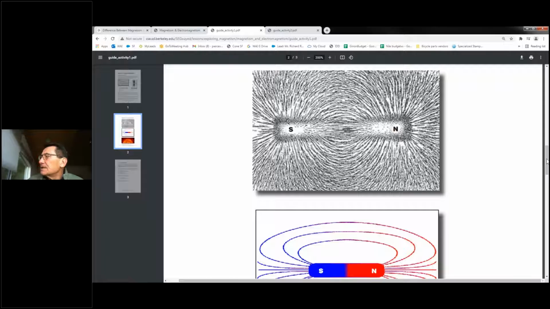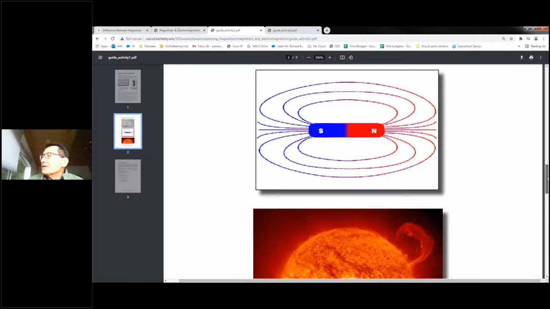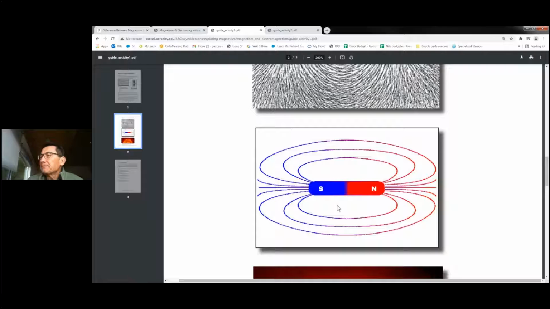So the conceptual graphic on this is here. North, south, and then we represent the lines of flux with lines that go from the North Pole to the South Pole. This concept of magnetic strength is extremely important, and conceptualizing it and making it easy to understand is therefore important, because electric motor torque is completely dependent upon the density of the magnetic fields that we create.